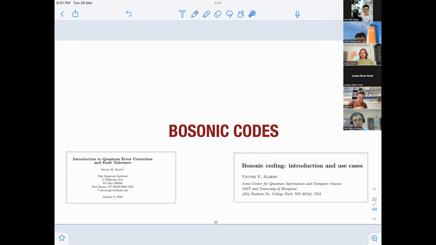Those of you whose camera is off because of too much topology, maybe you can turn it on, because we are going to talk about some relatively simple stuff here. We will discuss Bosonic codes and later subsystem codes. And I think in the next two tutorials there will not be much topology.